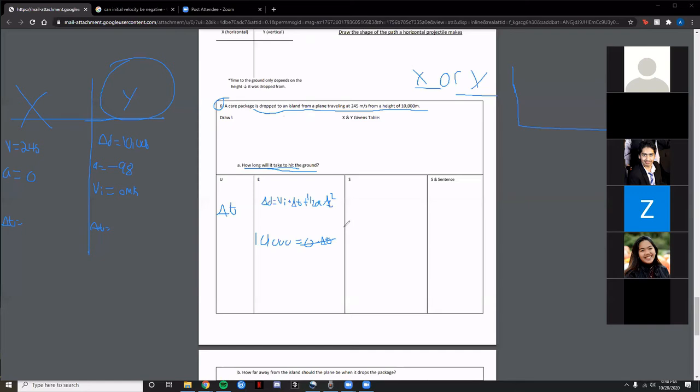What's half of negative 9.8? Good job. Times delta t squared. So we got 10,000 equals negative 4.9 times delta t squared. All right, so now you divide both sides by negative 4.9.